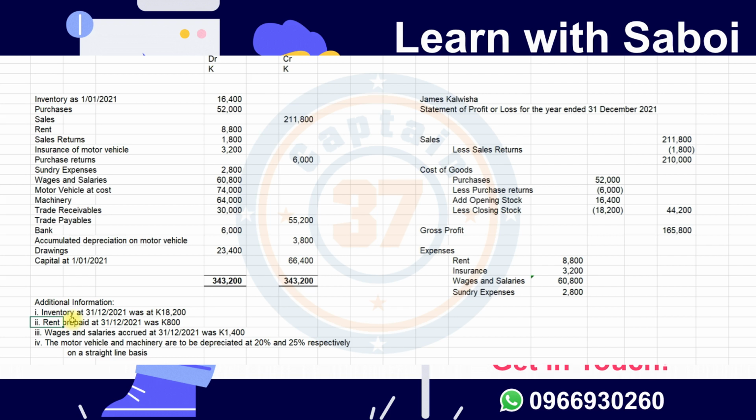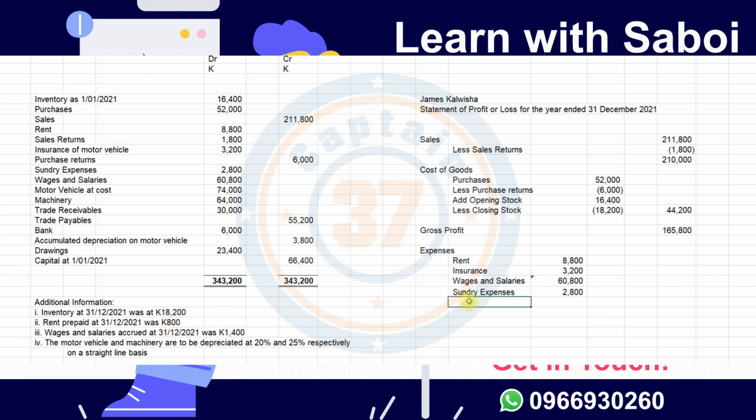What does that mean? It means that James has paid rent ahead of time. So we are in January currently, January 2023. It means that James has paid rent probably for the next 3 months or for the next 4 months. But the figure given is that the rent prepaid is 800.